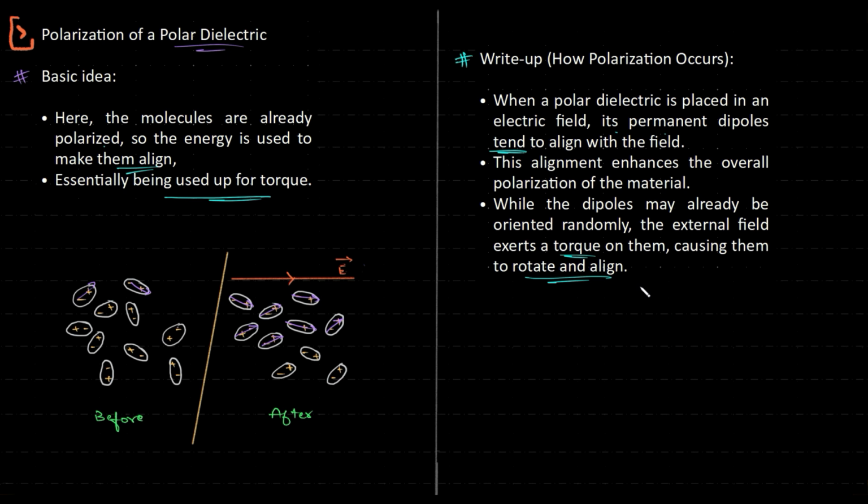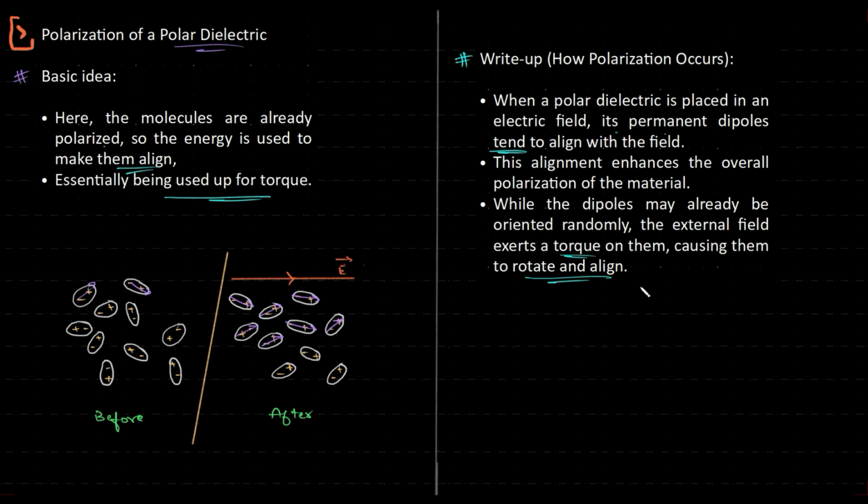Now, in this video, we are looking at polarization of a polar dielectric. So the property of a polar dielectric is that the atoms, when you take them individually, already have the positive and the negative separated. On an average, electrons are spending more time at one end than the other end.